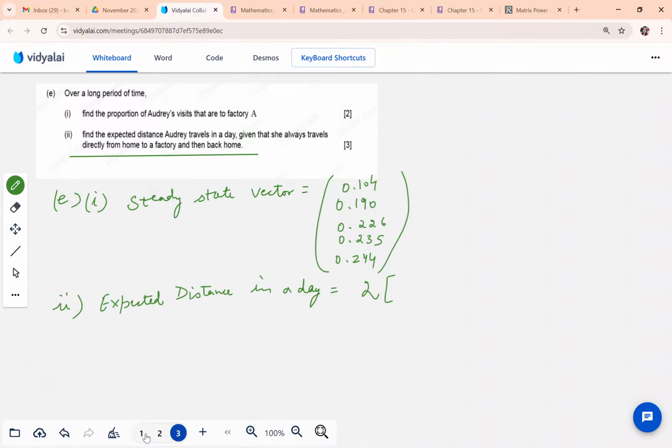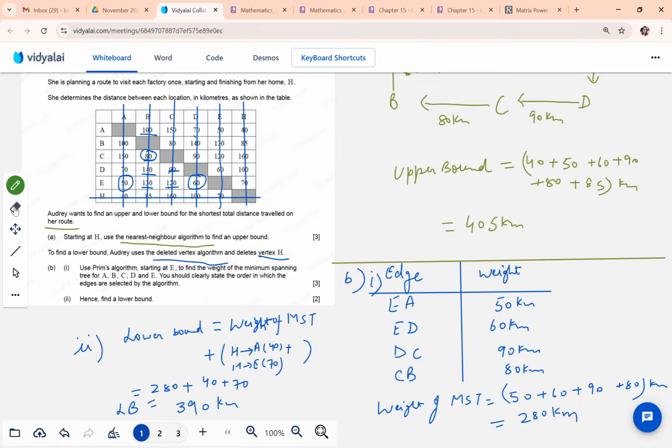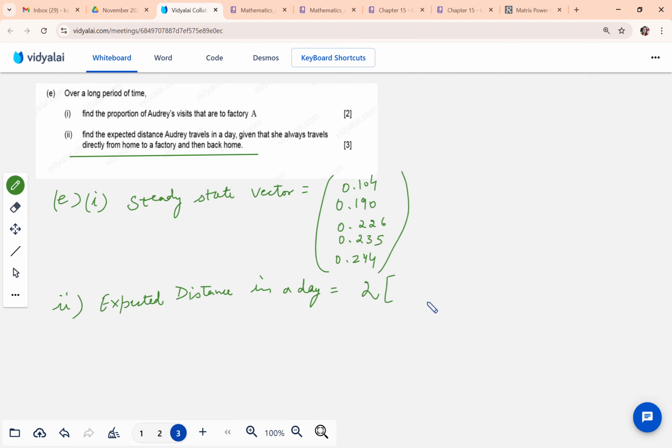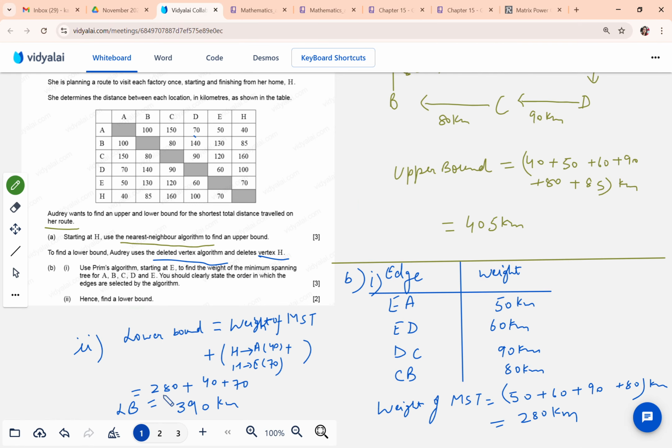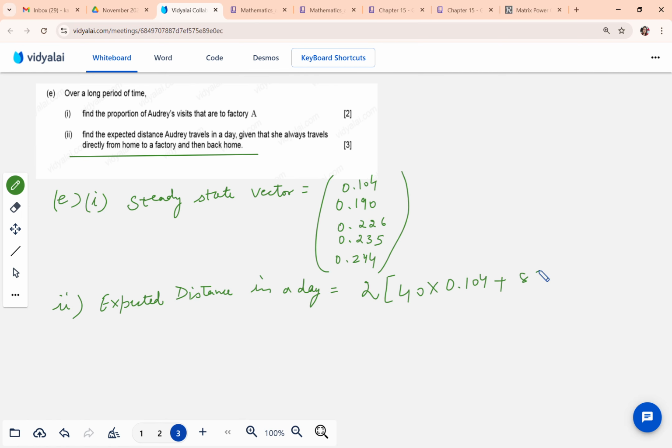So we will be looking at the distance from H to A, because we are considering home. From H to A it is 40. So we will write 40 into the probability 0.104 plus, then from H to B that is 85. 85 times the probability for B, 0.190.